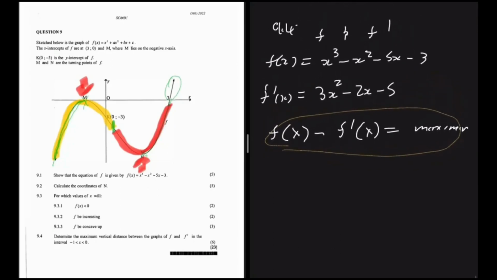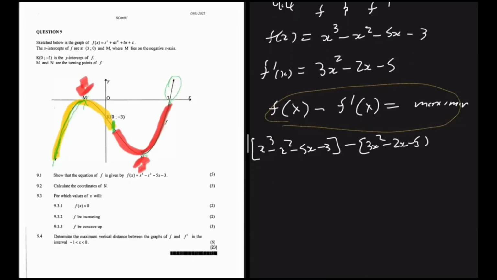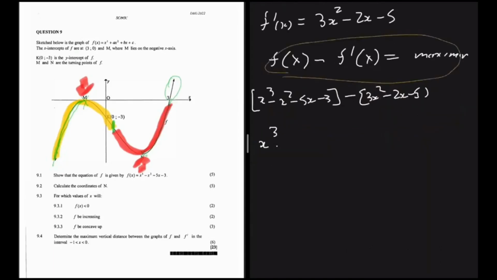So if we do that, we're going to get x cubed minus x squared minus 5x minus 3 minus (3x squared minus 2x minus 5), and if we do that, we get x cubed minus 4x squared minus 3x plus 2, equals 0.